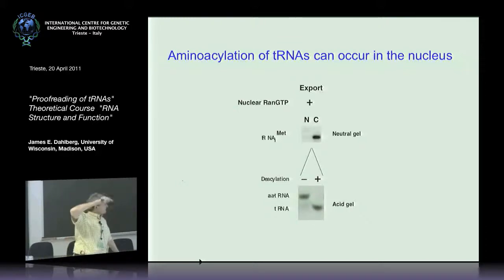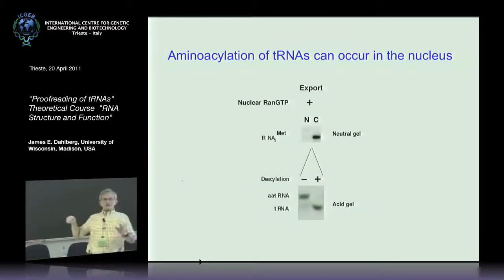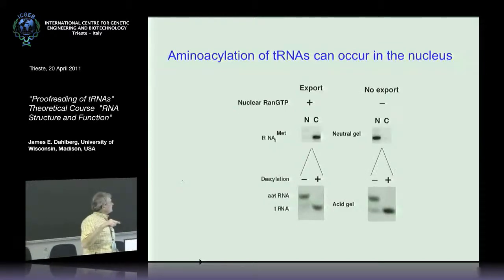So this is the assay. Is there an amino acid on that RNA? And it's not surprising that there is. We can keep the tRNA in the nucleus. Remember I said we injected the RNA into the nucleus and then took what was in the cytoplasm. We can keep it in the nucleus by removing the Ran GTP from the system, and as we did before, that blocks export.